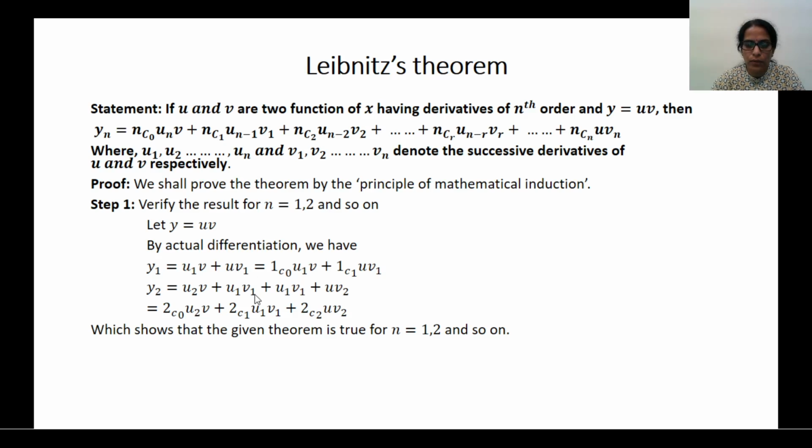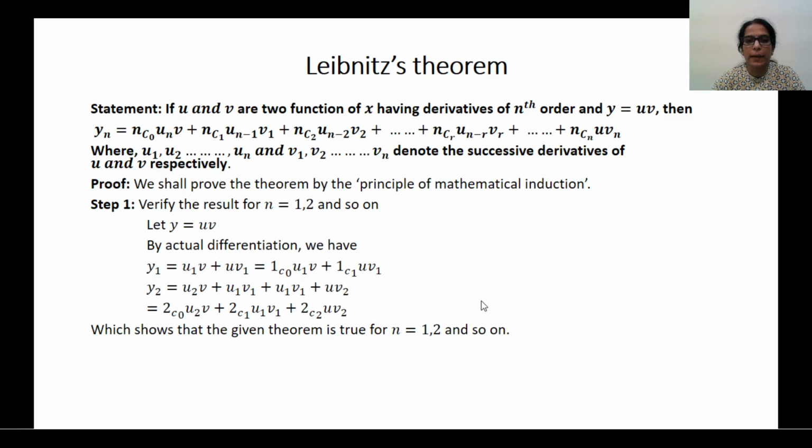So u1 v1 plus u1 v1 becomes 2 times u1 into v1. This can also be written as 2C0 u2 into v plus 2C1 u1 into v1 plus 2C2 u into v2. So therefore the result is true for n equal to 1 and 2.